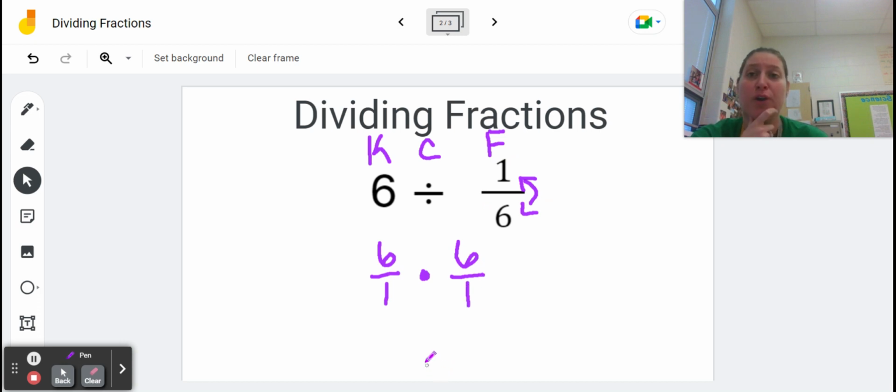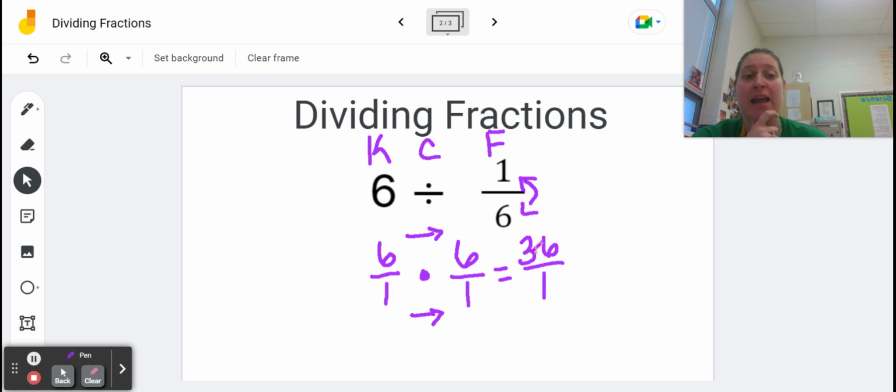Now that I have two fractions that I need to multiply, I'm going to multiply straight across. 6 times 6 is 36. 1 times 1 is 1. When I have a fraction with a larger numerator than denominator, I know that it is improper, which means I have whole numbers in there.